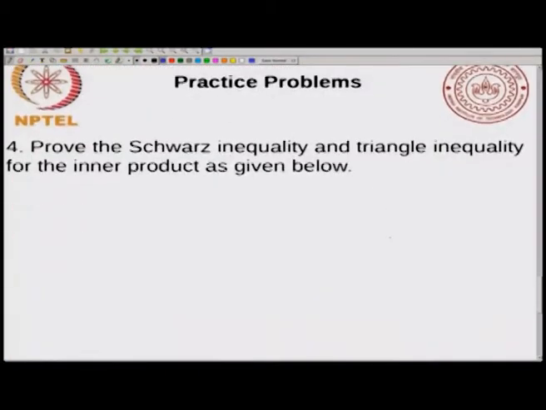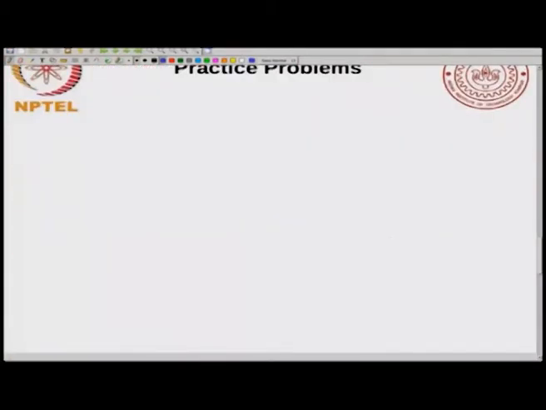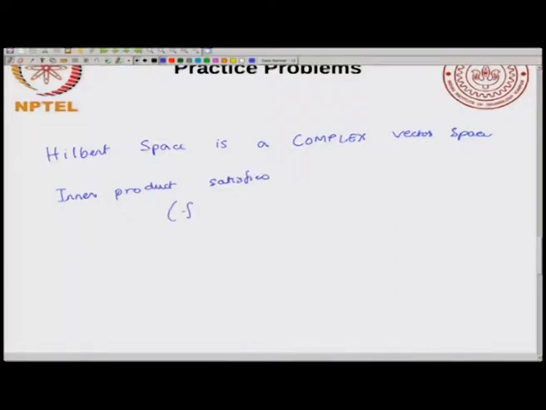Now, the next question. Just to emphasize, the Hilbert space is a complex vector space, and the inner product satisfies the inner product of f and g equals the inner product of g and f star.